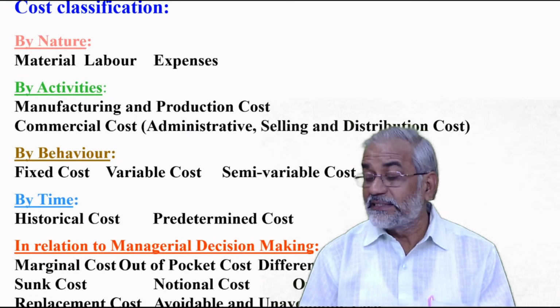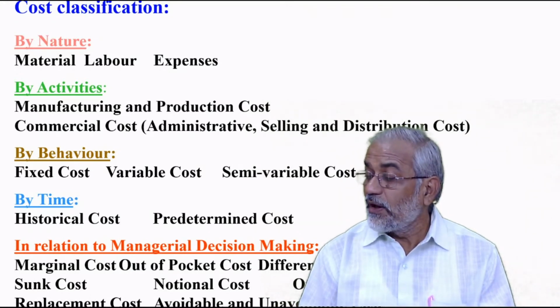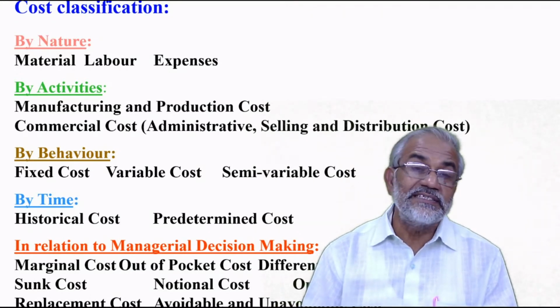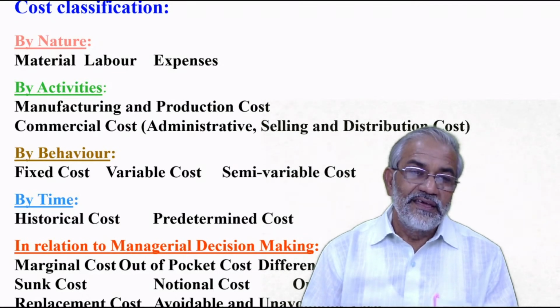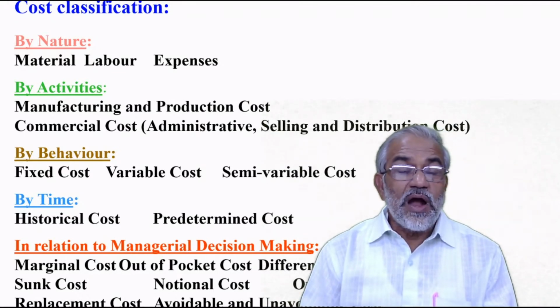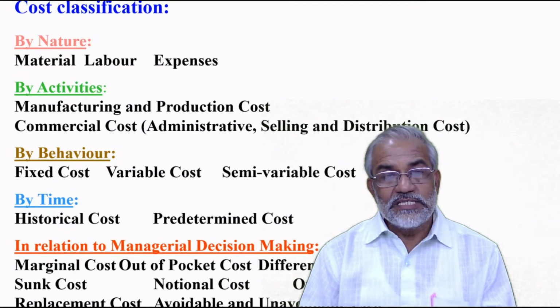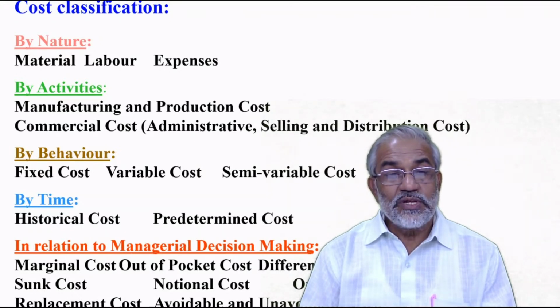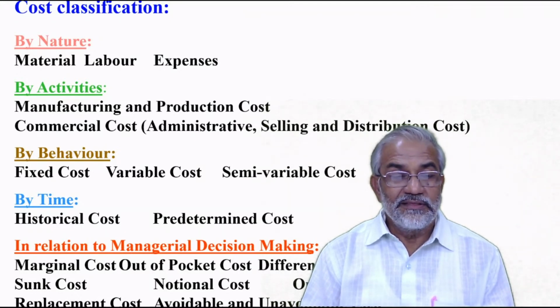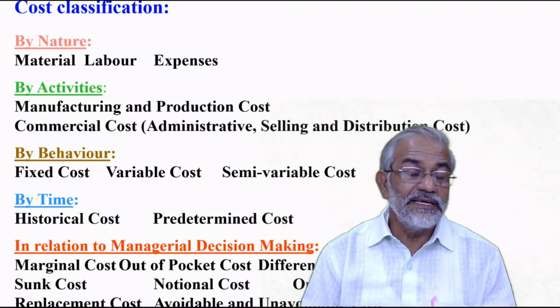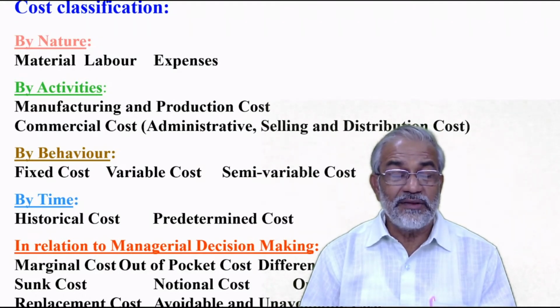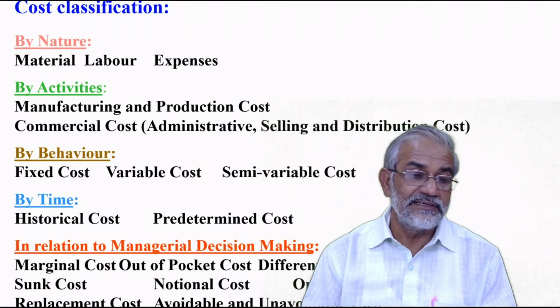Take the example of electricity. Take the example of insurance charges. We cannot say what is the exact amount of insurance premium paid for that piece of table which is being produced in the organization where so many other products are being manufactured simultaneously.